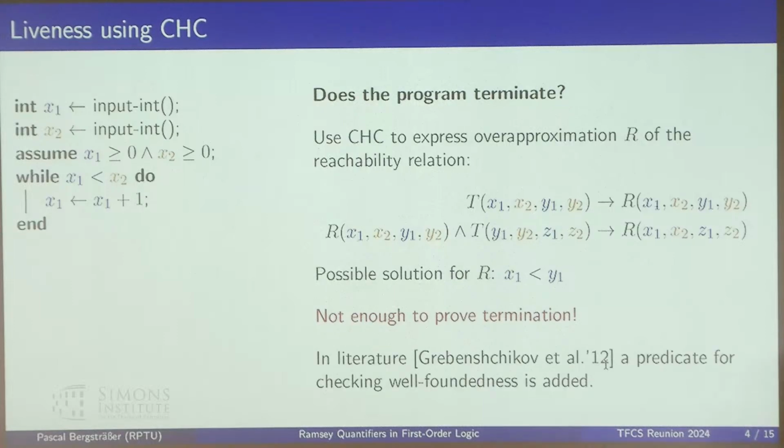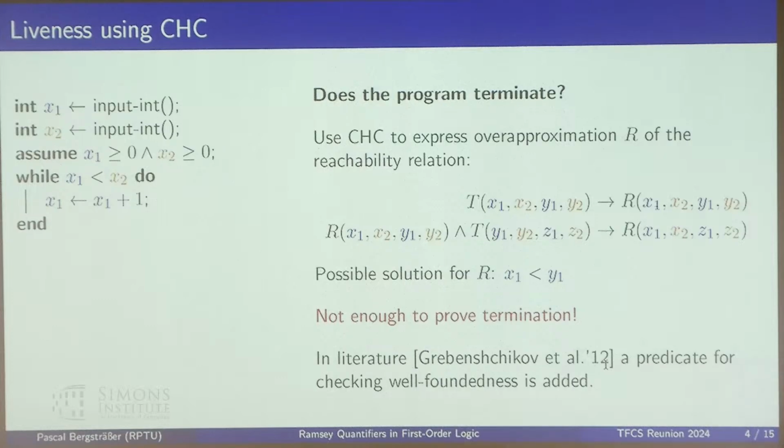There are several ways to force R to be good enough to show that this program terminates. In the context of constrained Horn clauses, what one does in the literature is, for example, add a specific predicate with which you can check that R is well-founded, essentially. But this is not expressible in constrained Horn clauses a priori.